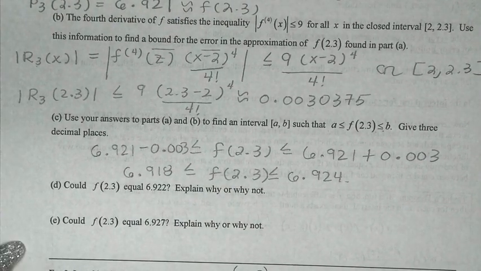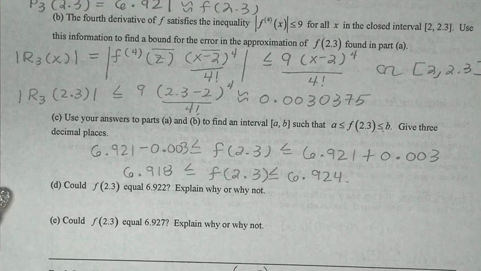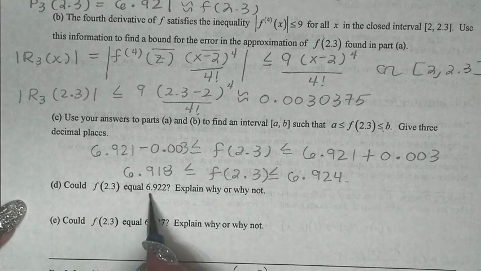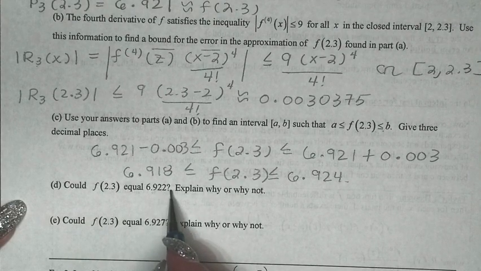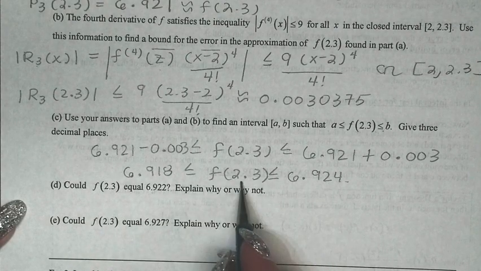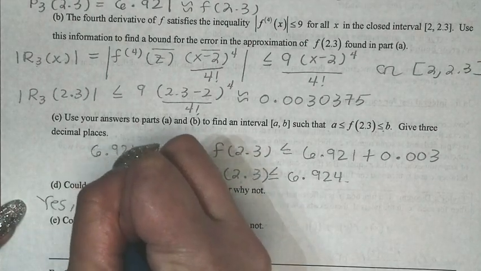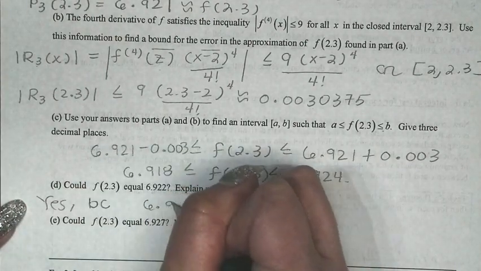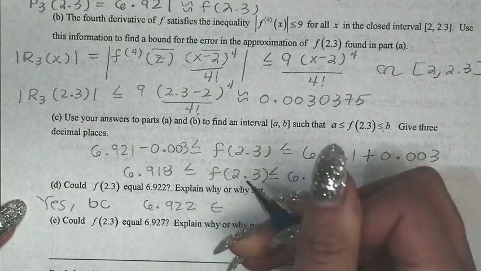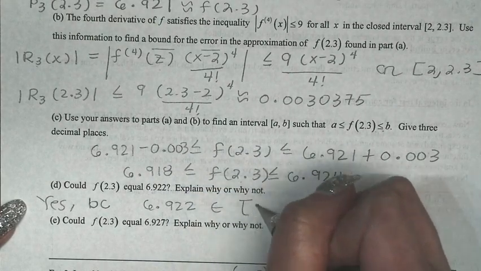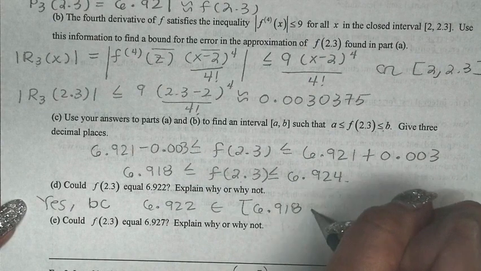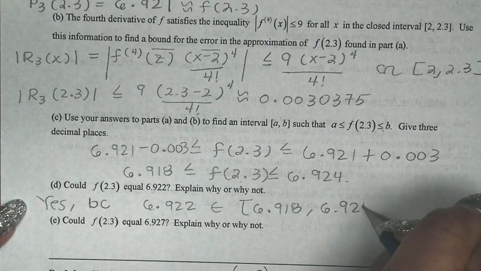Now the question is for D. Could f of 2.3 be equal to 6.922? Explain why not. And you compare: 6.922 is in between the interval, so this would be a yes, because you know 6.922 is inside this beautiful interval 6.918, 6.924.